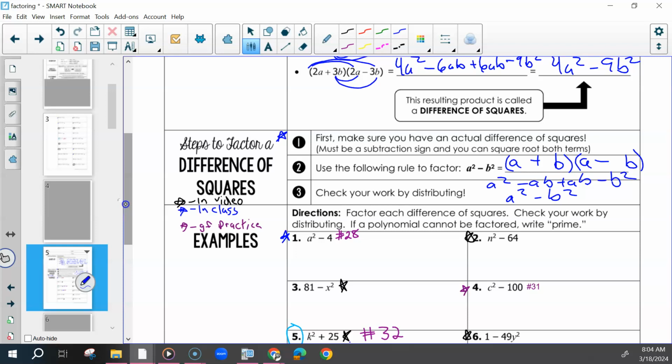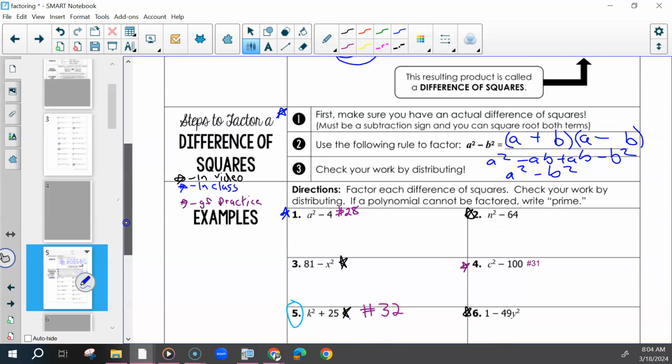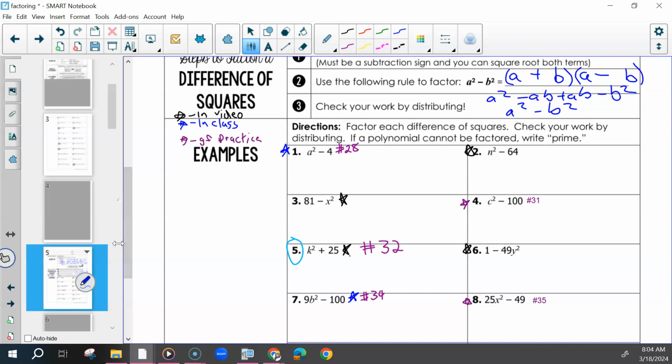So now that we know how to set this up, let's try some of these. So this is subtracting, so we're going to use our difference of squares, set up our two parentheses. So there's subtraction, two parentheses. If you see adding, it wouldn't work. You couldn't do this at all. It would be prime, or you'd have to find a GCF.